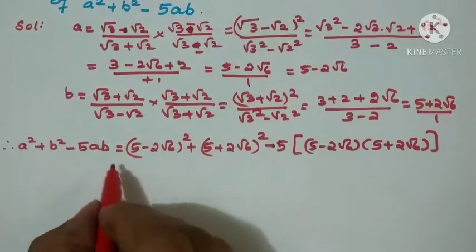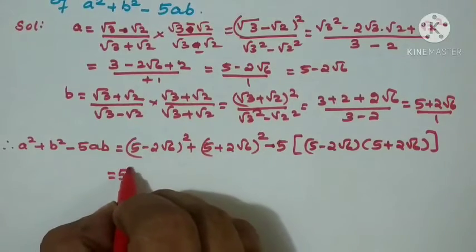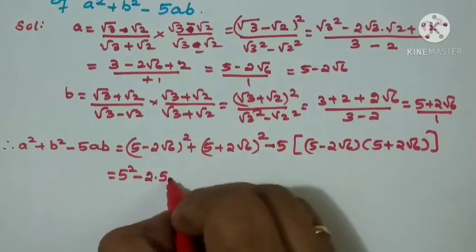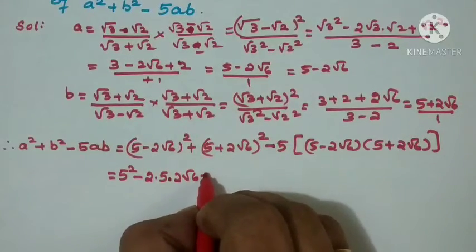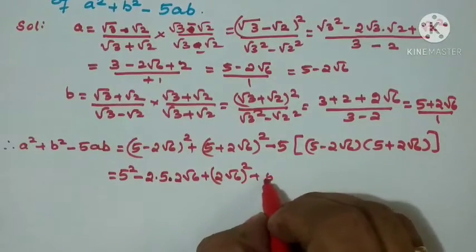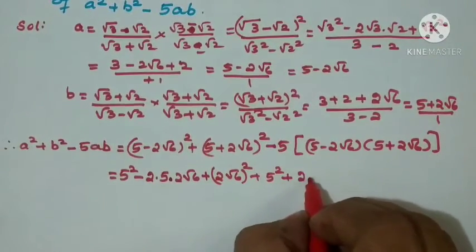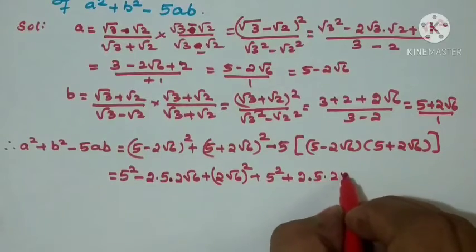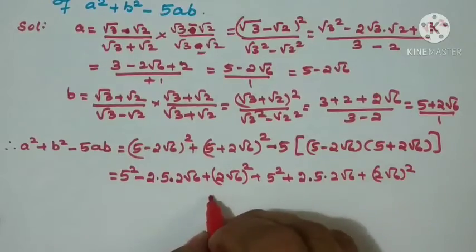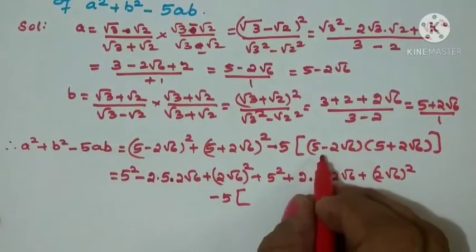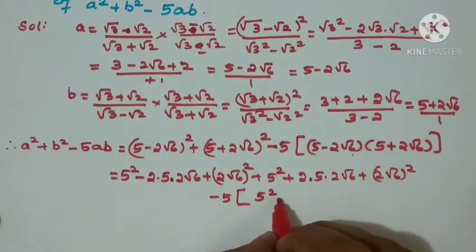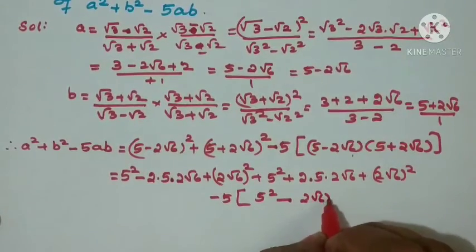So it is a minus b whole square only. So 5 square minus 2 into 5 into 2 root 6 plus 2 root 6 whole square, plus 5 square plus 2 into 5 into 2 root 6 plus 2 root 6 whole square, minus 5 bracket a minus b into a plus b, that is a square minus b square, meaning 5 square minus 2 root 6 whole square.